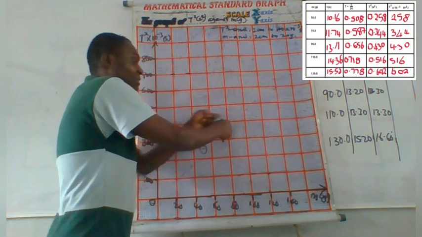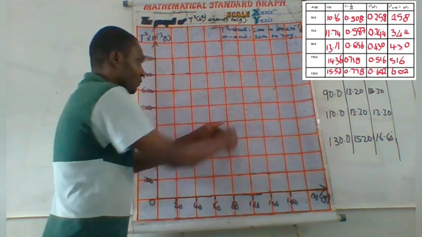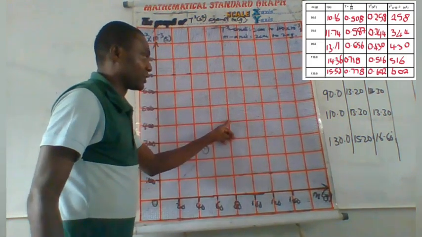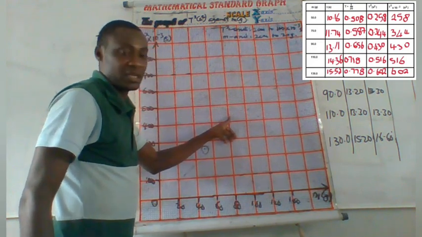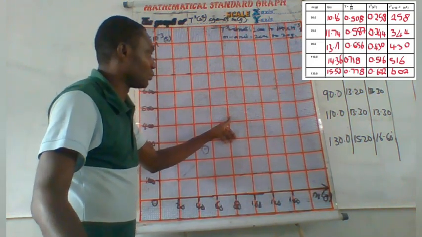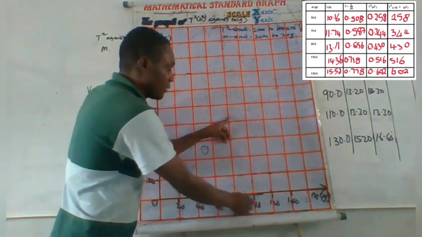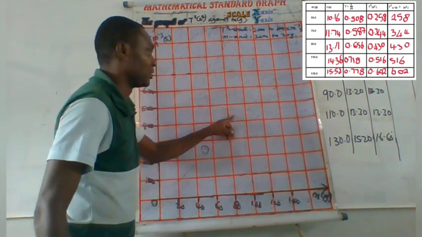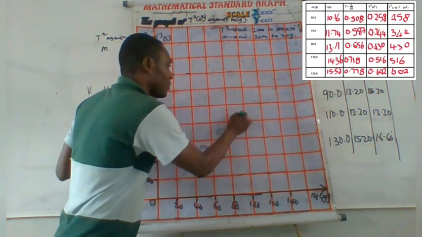If I don't have that, I'll use my ruler to count the lines. So this is 400, 410, 420, 430, and we are going to 90. Midpoint of 80 and 100. So I count 5. 1, 2, 3, 4, 5. So I'll put a dot here and draw a circle.